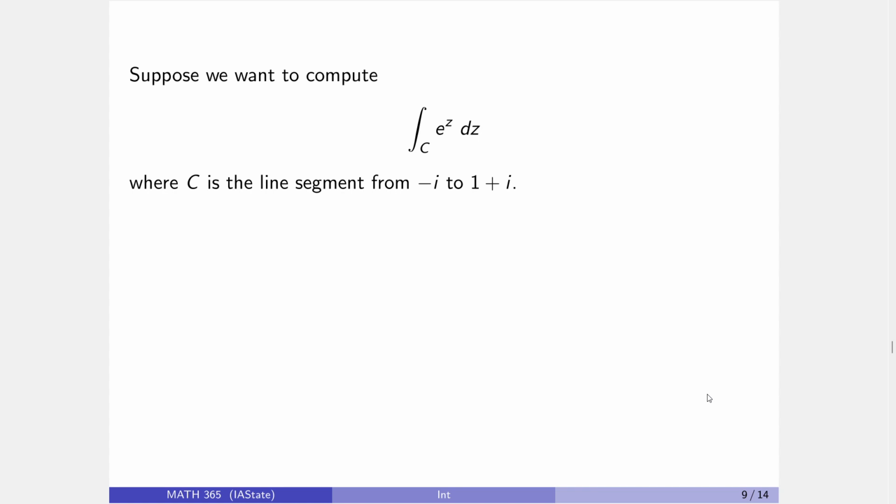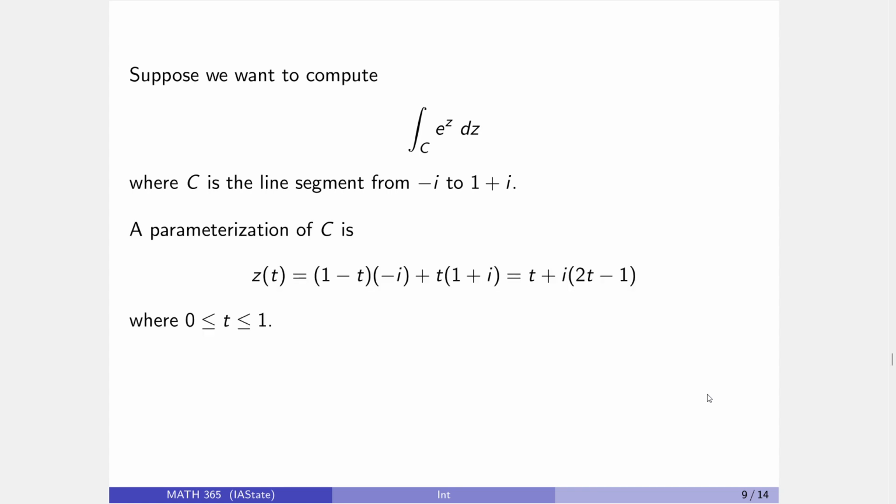For example, let's say we wanted to integrate e to the z, where C is the line segment connecting negative i to i plus 1. First things first, you want to get your parameterization. This one's pretty easy to cook up, because you're just connecting two points, and we already discussed how you can parameterize the line segment connecting two points as follows.